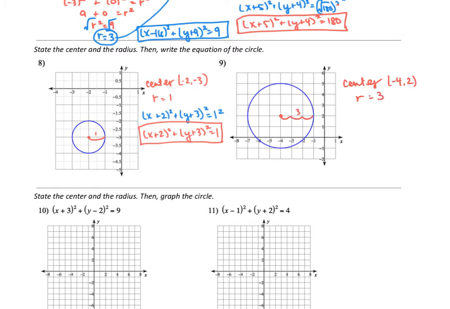So now using that information, plugging it into the equation of a circle, so x plus 4 squared, y minus 2, because it's the opposite sign, equals 3 squared. So simplified, that's x plus 4 squared, y minus 2 squared equals 9.